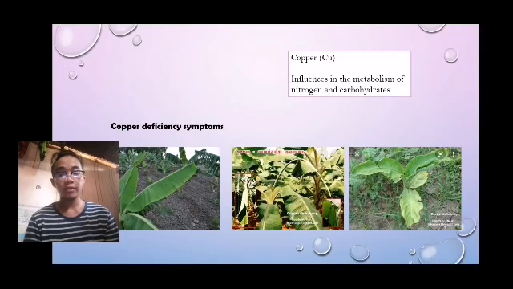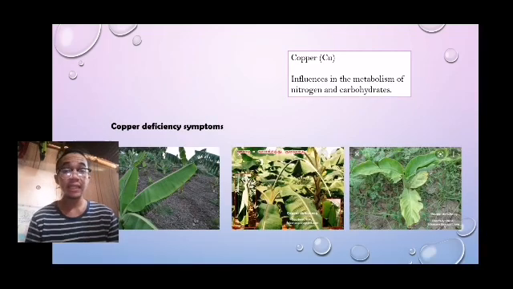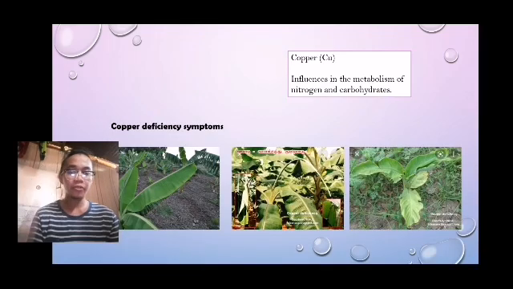It is a constituent of cytochrome oxidase and heme in equal proportion. Symptoms of copper deficiency: the midrib and main veins bend backwards, giving the plant an umbrella appearance.